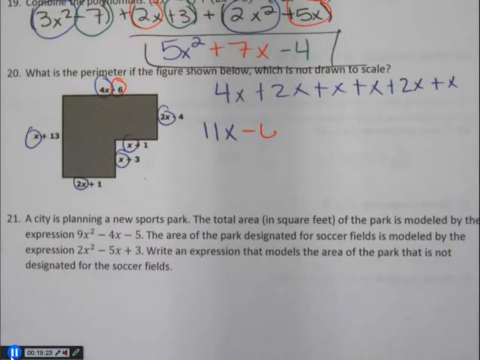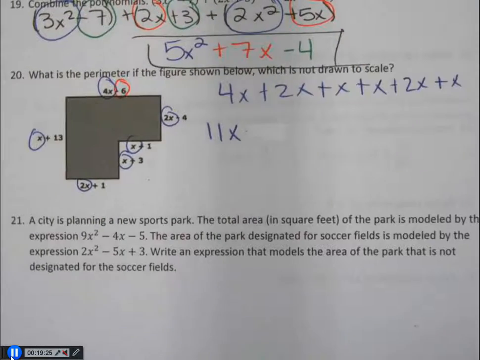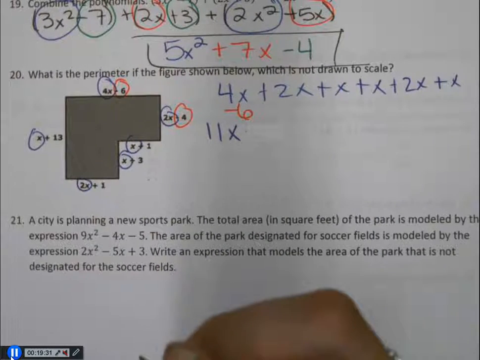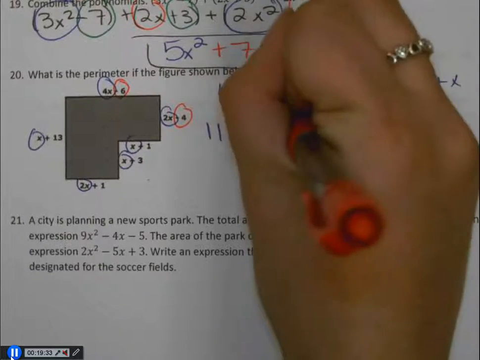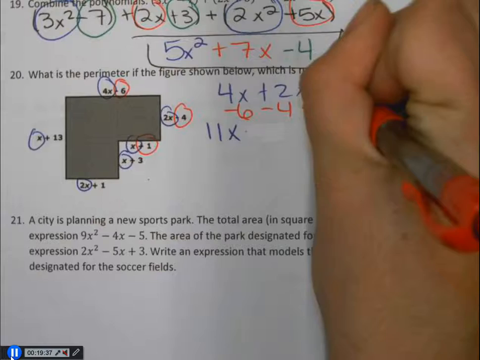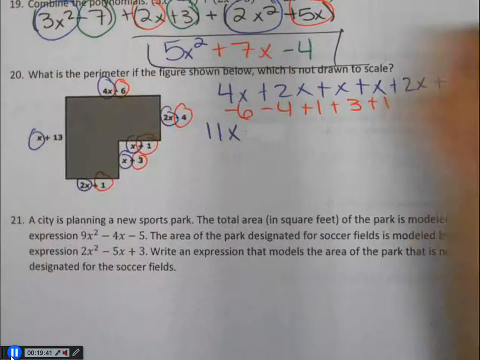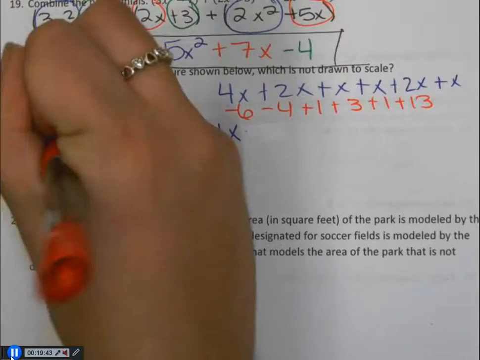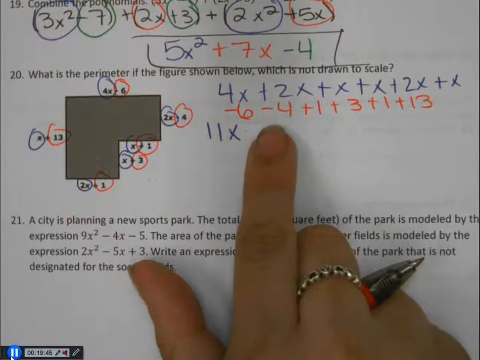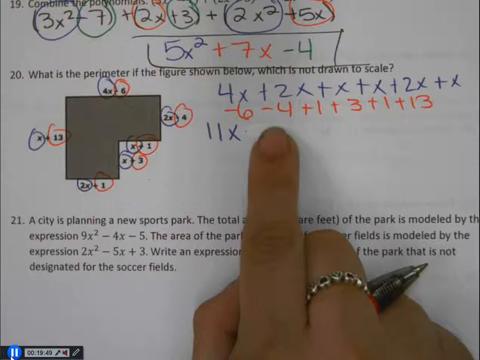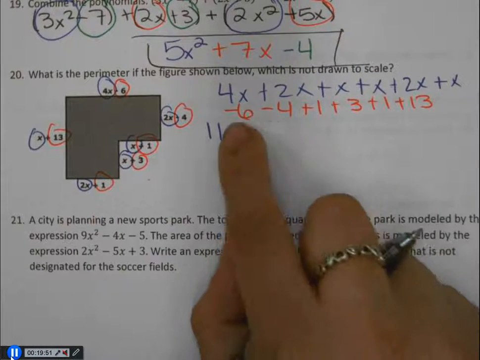Whoa, I didn't want to write that there. I have negative 6. Wait, let me look at my other picture. So I remember. Then I have negative 4, positive 1, positive 3, positive 1, positive 13. What's negative 6 minus 4? Negative 10, because they're both negative.